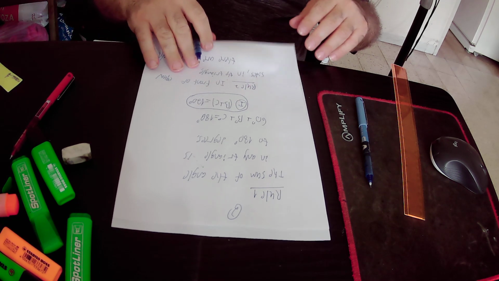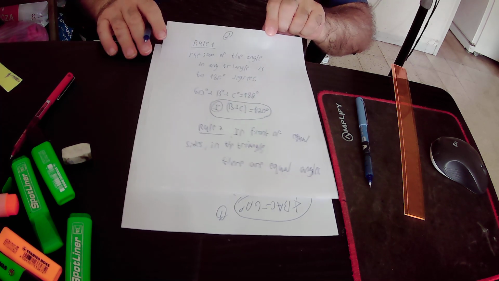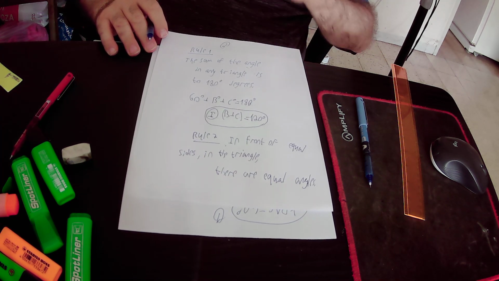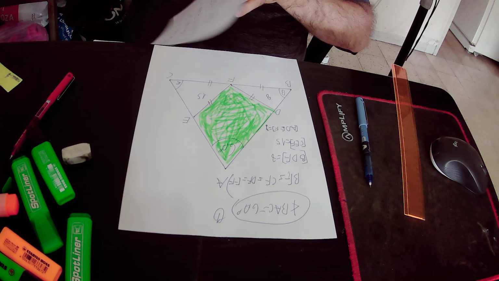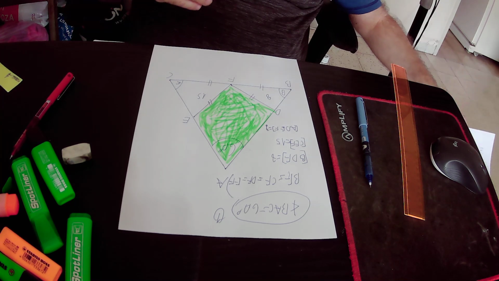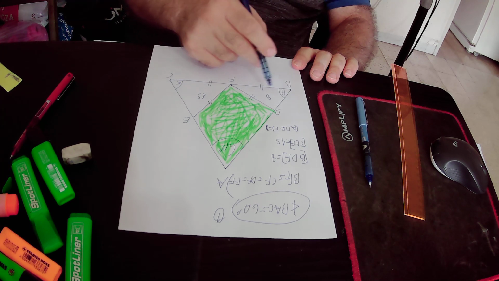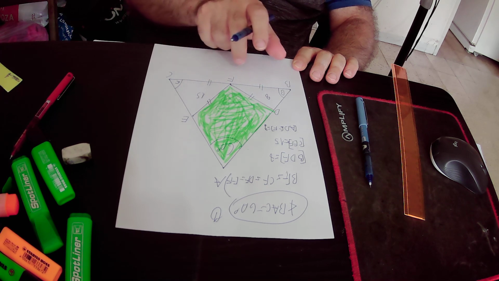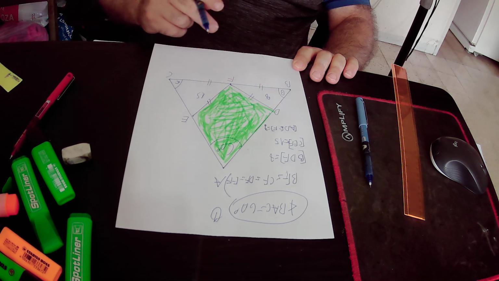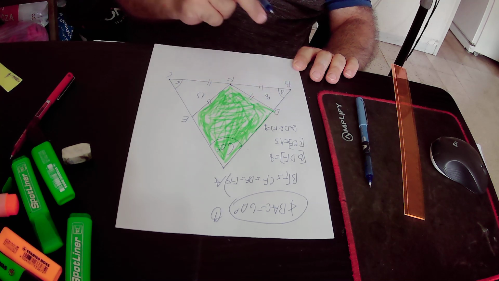Rule number 2 again states that in front of equal sides in the triangle, there are equal angles. So actually, triangle BDF has two sides that are equal to each other. Side BF equals side DF, and in front of side DF we have angle beta.